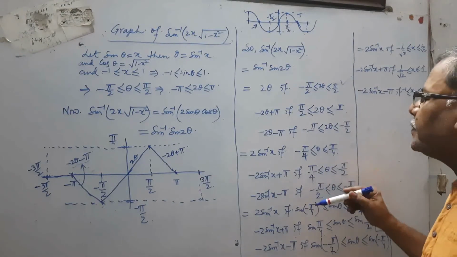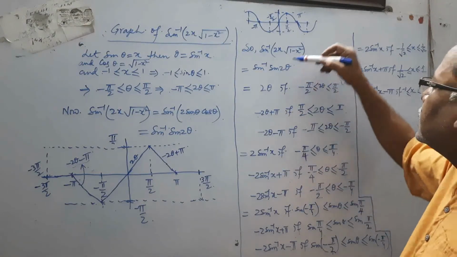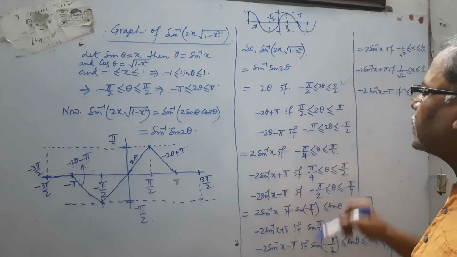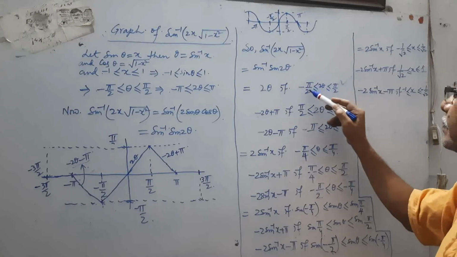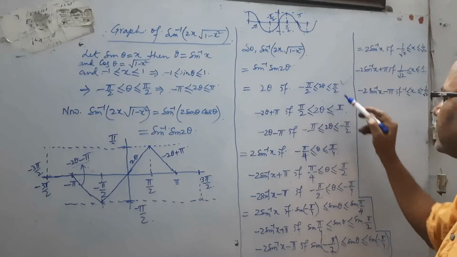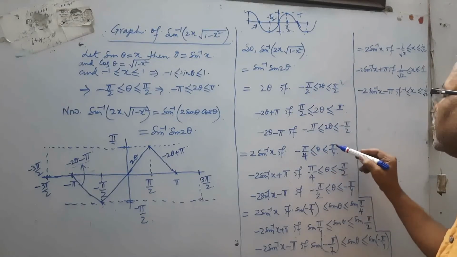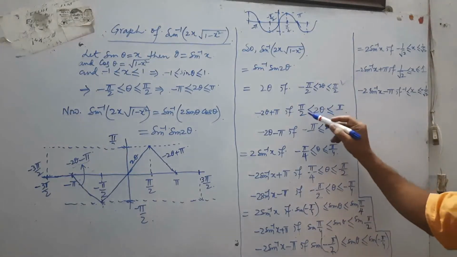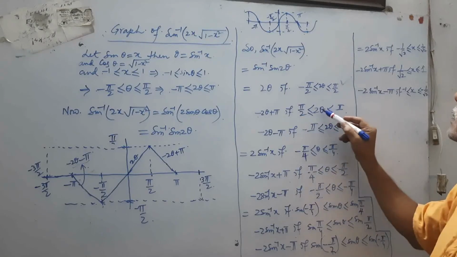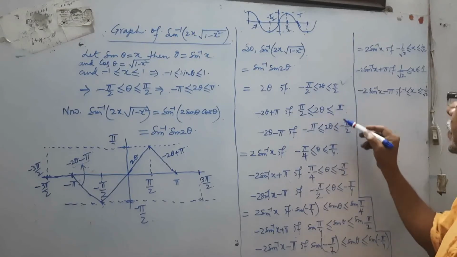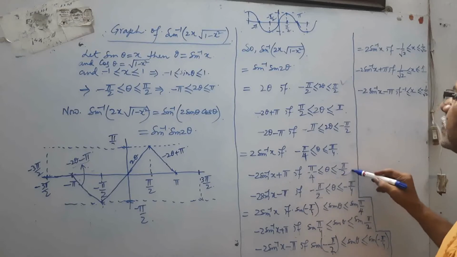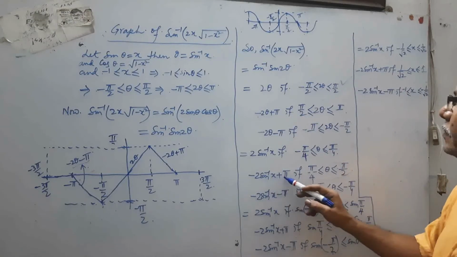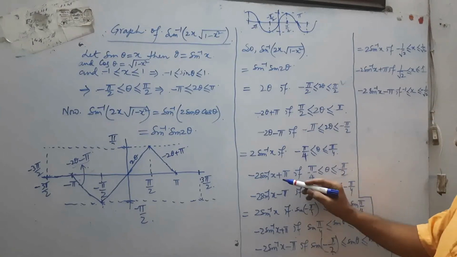Now next, this theta I am converting into sine inverse x, and this 2 is divided so that it becomes minus pi by 4 and pi by 4. Similarly the same thing is done over here. Theta will be from pi by 4 to pi by 2, that is what I have written over here, and minus 2 theta is minus 2 sine inverse x plus pi, which is what I have written.